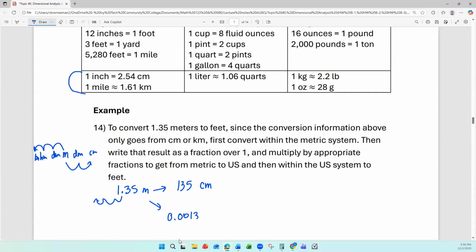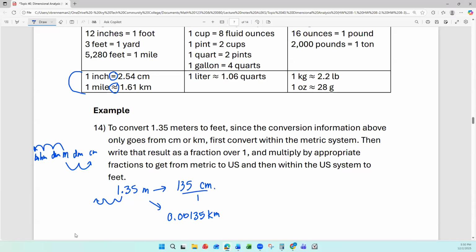Now, already I like the centimeters better because I had to add zeros for the kilometers. The other reason to prefer the centimeters is this straight equals. This is exact, not rounded, versus the squiggly says this is rounded. So using the kilometers is going to give a less precise and less accurate result.